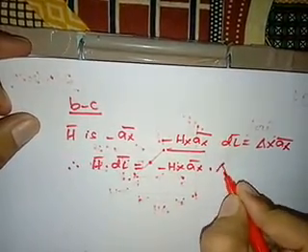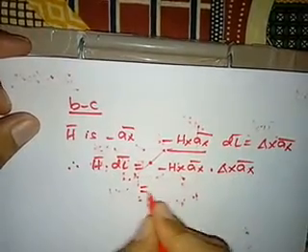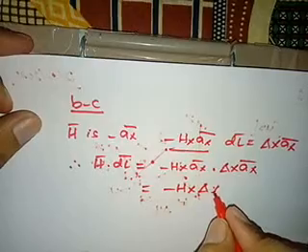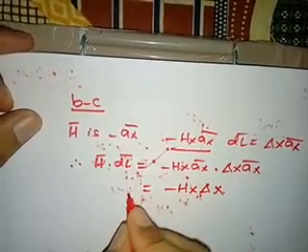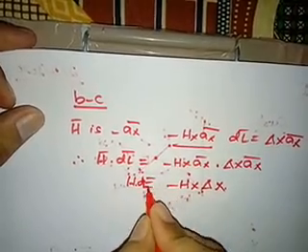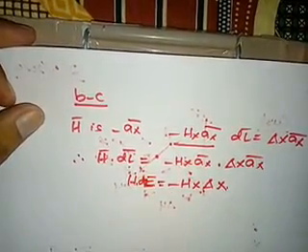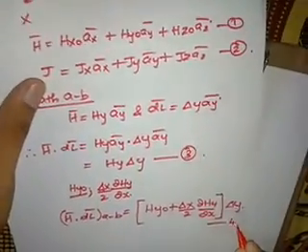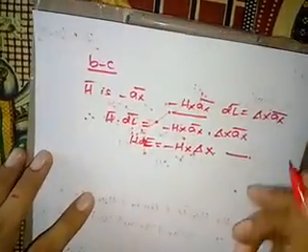So dl is delta x ax, so this will be equal to minus Hx delta x. So that will be our H dot dl, equal to minus Hx delta x. Fine. Take the previous equation as 4 and this equation as 5.